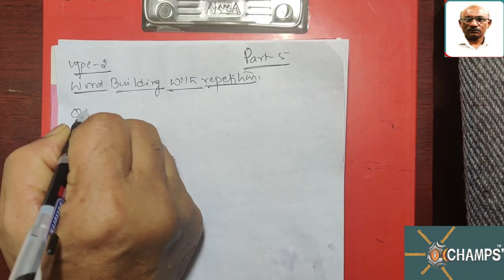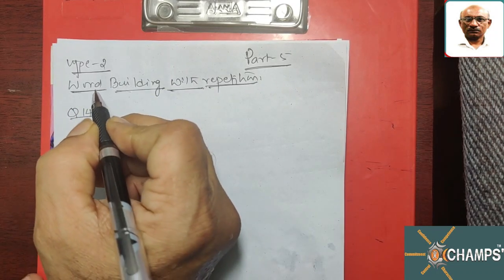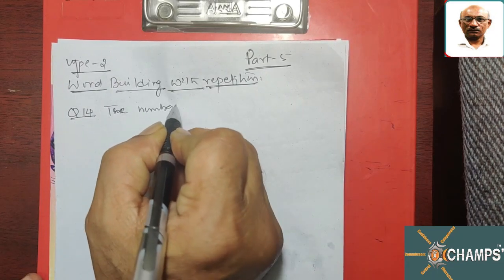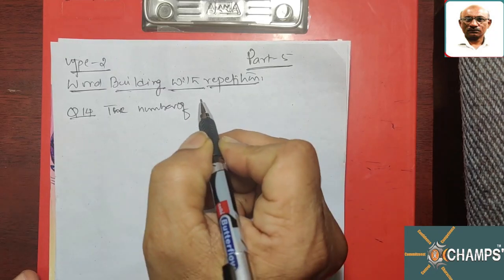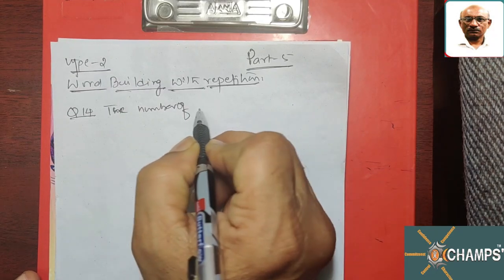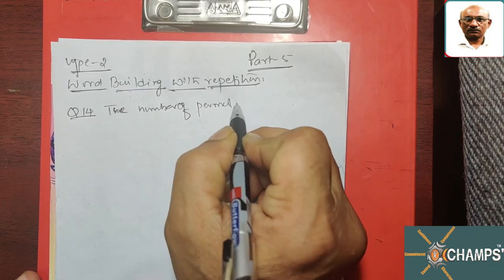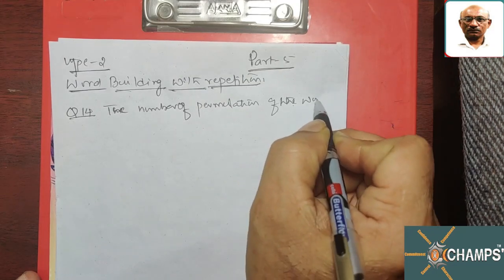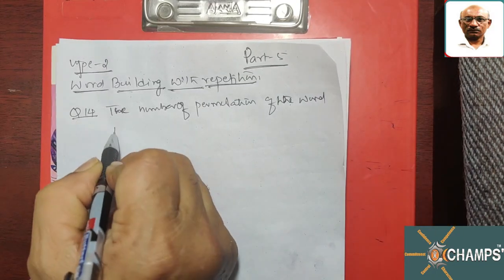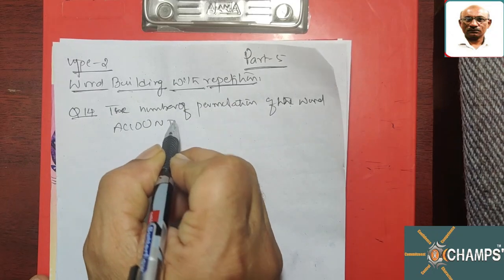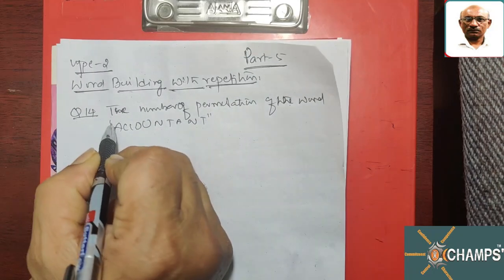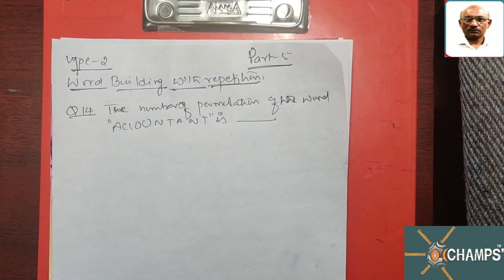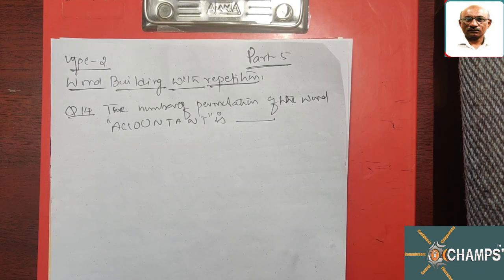Question number 14. The number of permutations of the word accountant is.